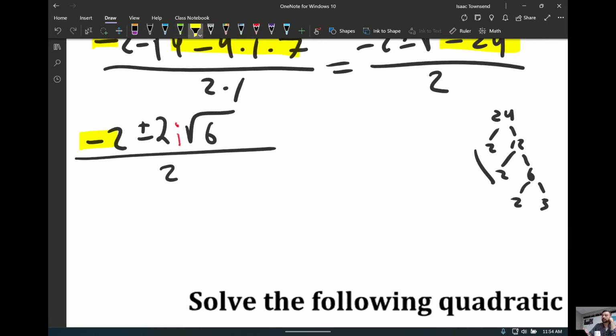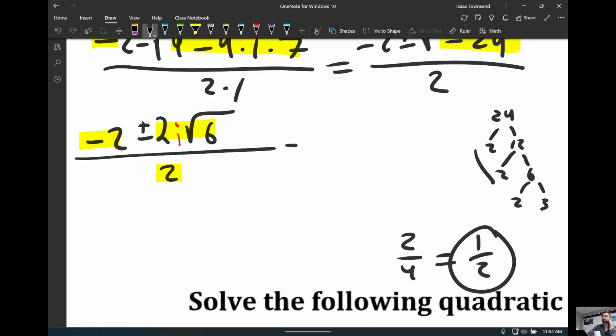Okay, this term, and this term are all divisible by the same thing. Just like you wouldn't leave a fraction 2 over 4, you would go ahead and divide both of them by 2 to reduce it. If this is divisible by 2, and this is divisible by 2, and this is divisible by 2, then you need to divide everything by 2 to reduce your fraction.